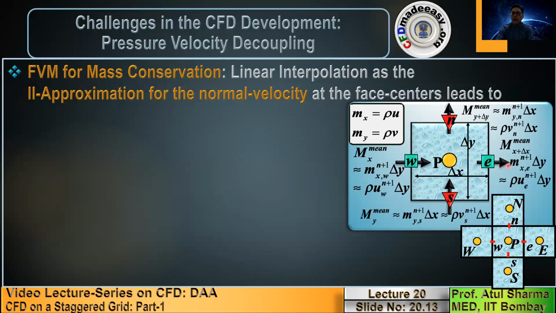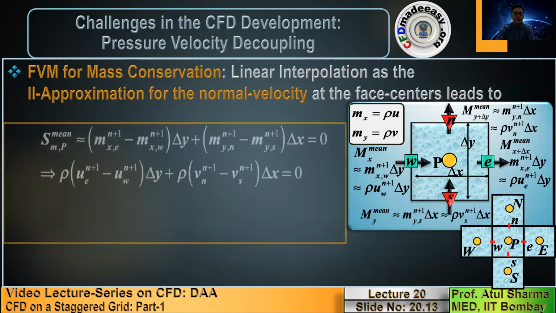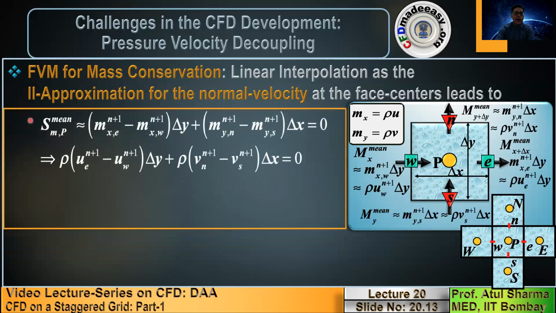To calculate it, you have to take the mass flow rates from the positive surface and subtract those from the negative surface. So you get rho ue delta y minus this, and this minus this, which is shown here. So the net mass source, which is the net mass flow rate leaving across the surface of the control volume, should be equal to 0.